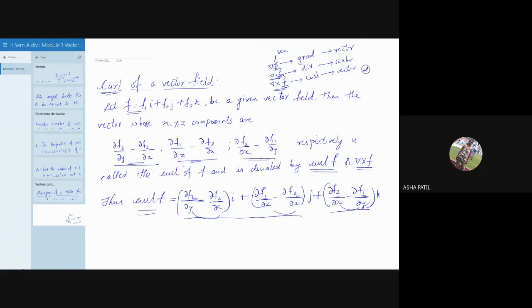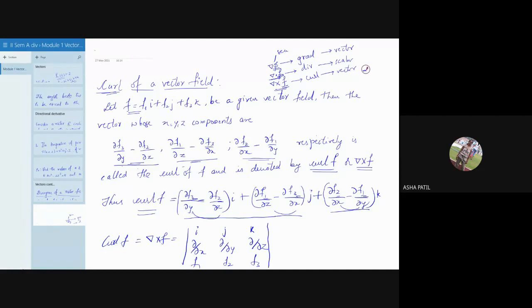Another easiest way to remember this: curl F or del cross F is also given by the determinant of i j k, dou by dou x, dou by dou y, dou by dou z, F1, F2 and F3.